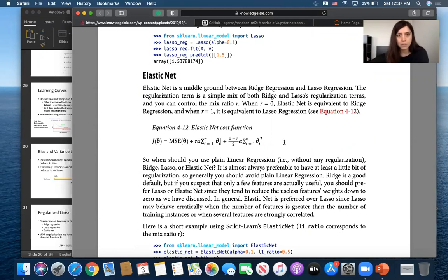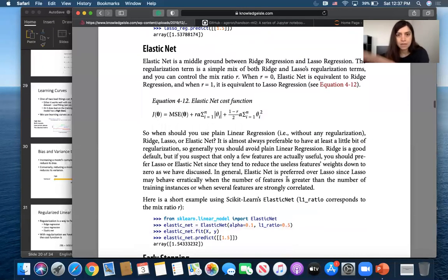If r is 0, basically we are canceling the ridge, and all we have is lasso. And if it was 1, all we had was the other way, so ridge or lasso. Basically, by playing with r, we can just define how much mixture of those we need.